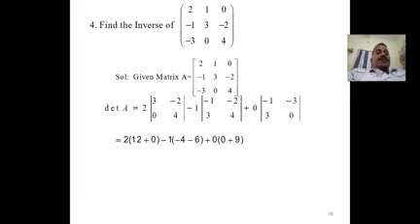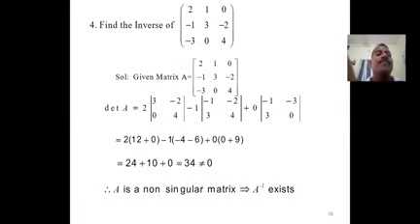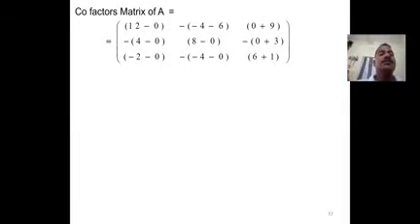Next, find the inverse of 2 1 0, minus 1 3 minus 2, minus 3 0 4. First we'll find the determinant of A, which we get as 34, which is non-zero. Therefore A is a non-singular matrix, then we can find its inverse. A inverse exists. Cofactor matrix: the elements are replaced by the corresponding cofactors.